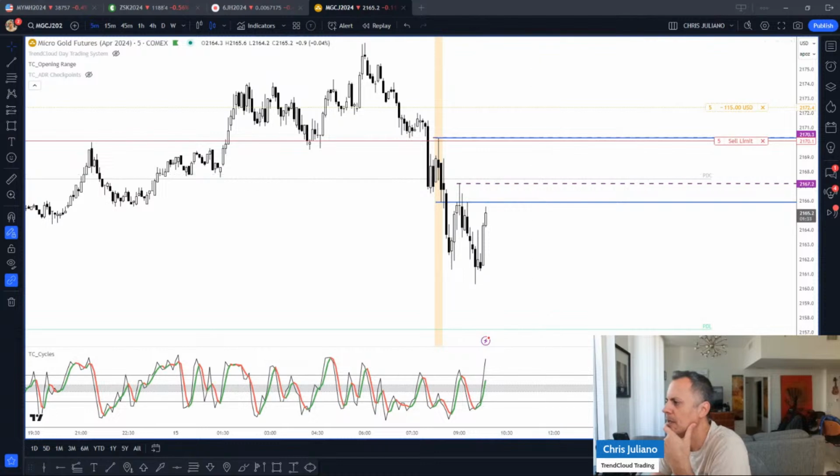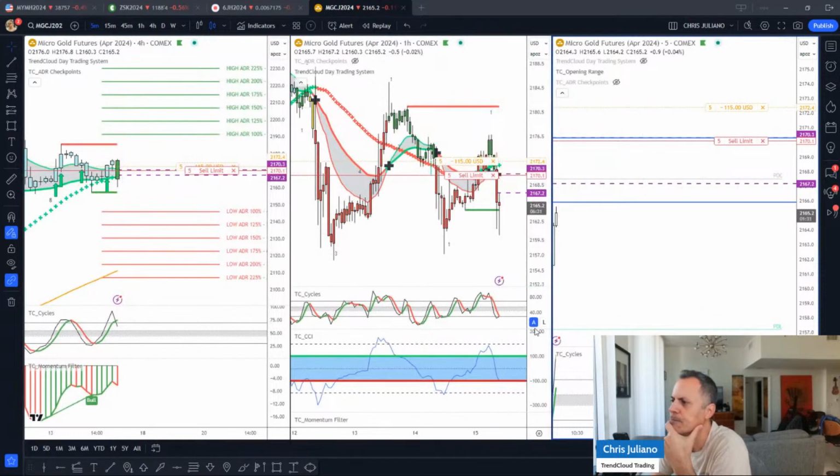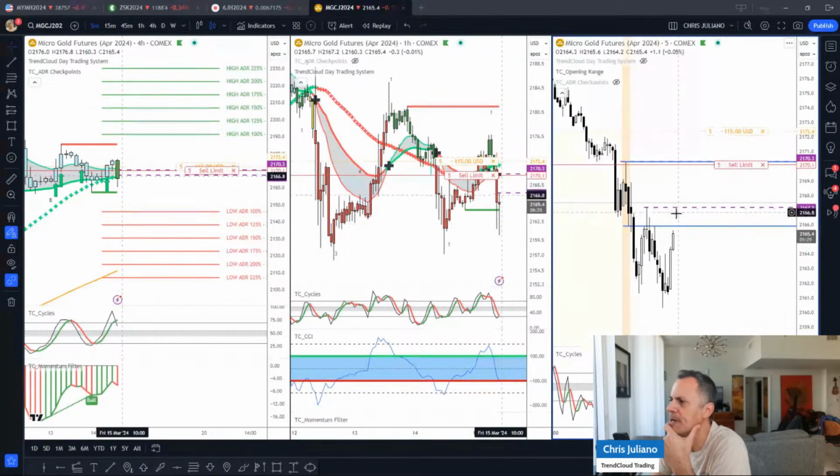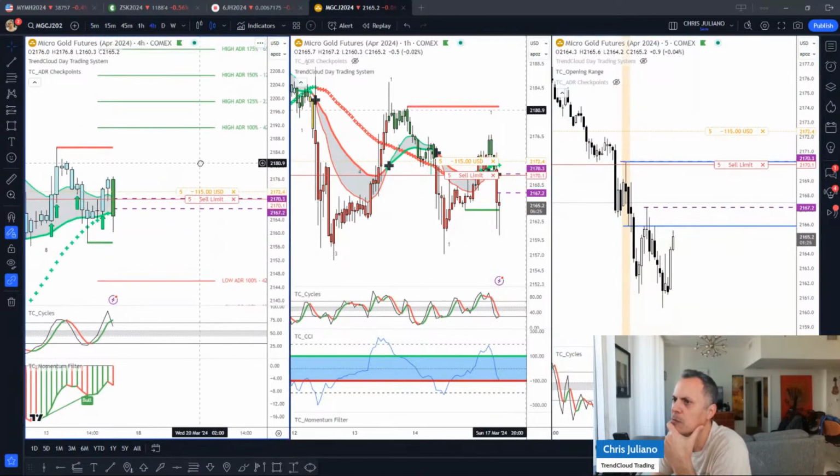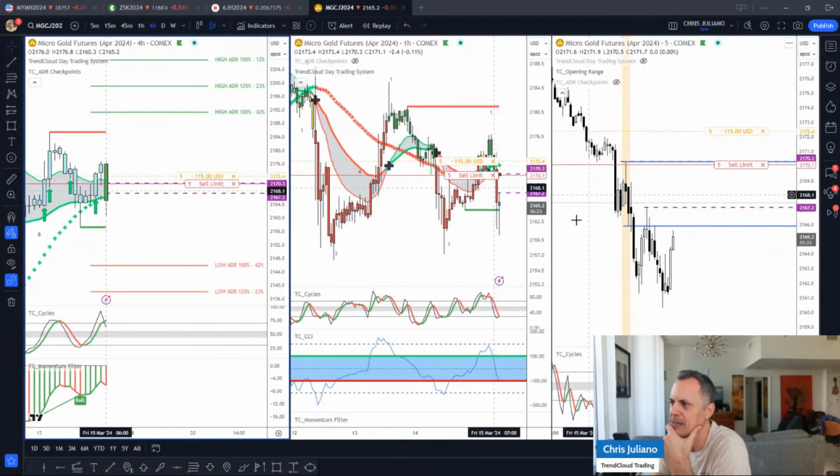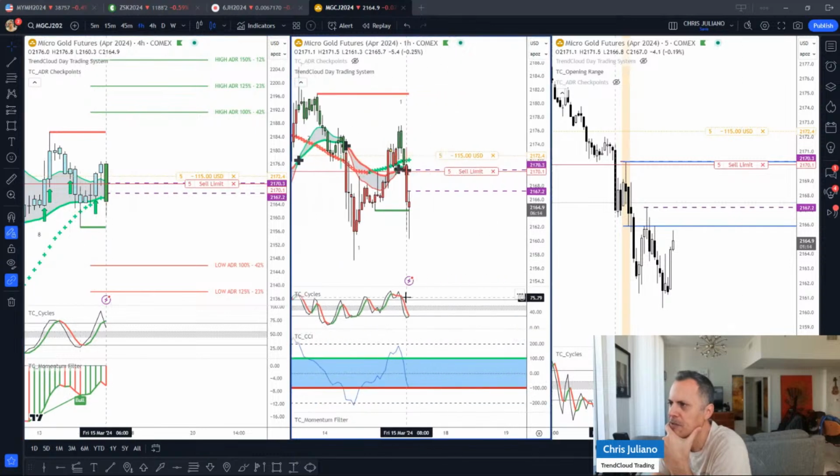So as we are pulling back into this area, that's why you want to see a lot of downward momentum, okay? And we've got it here. We're cycling down. We're almost crossing negative 100, right?